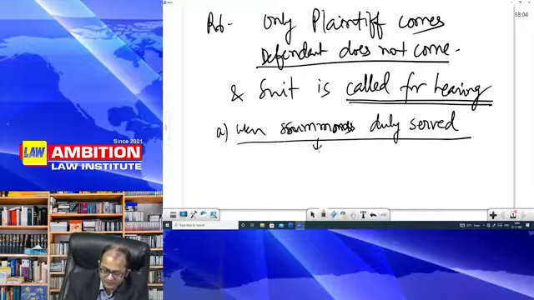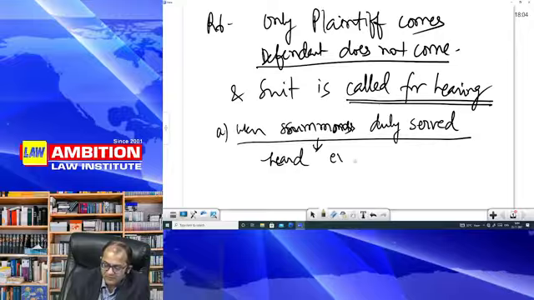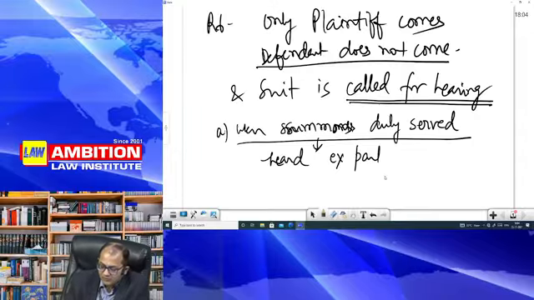So the case should be heard ex parte. Is this clear? Case should be heard ex parte.